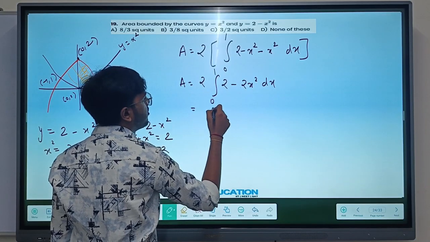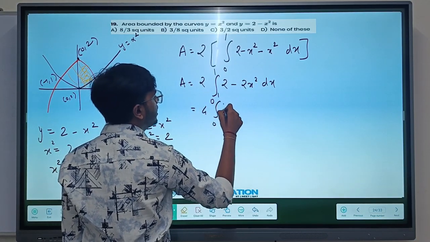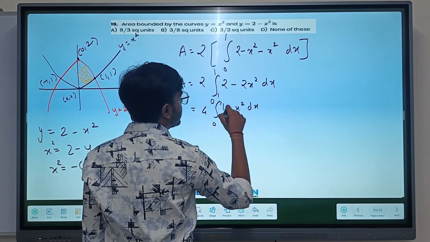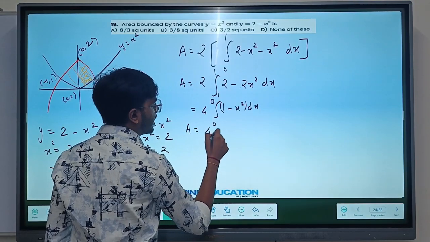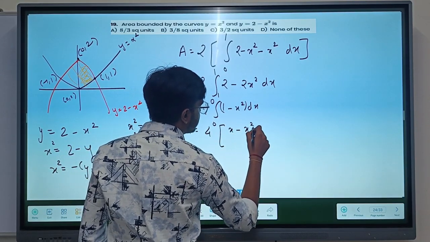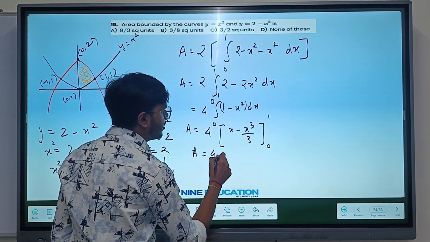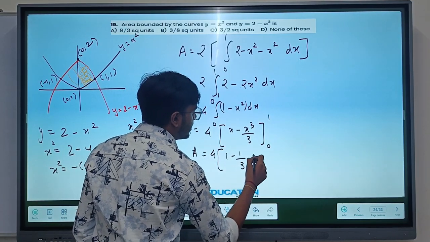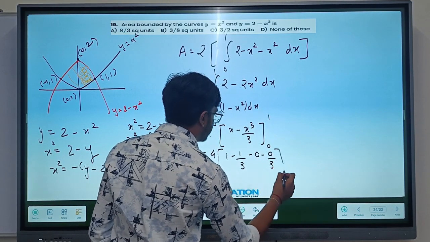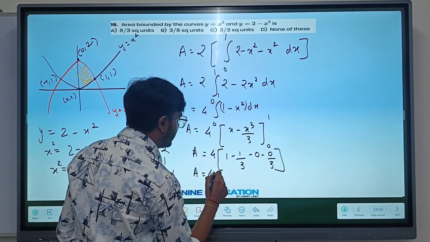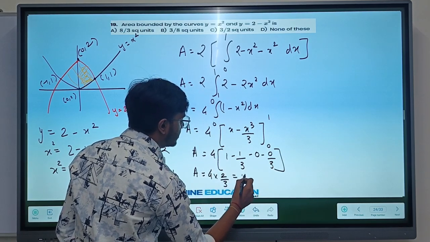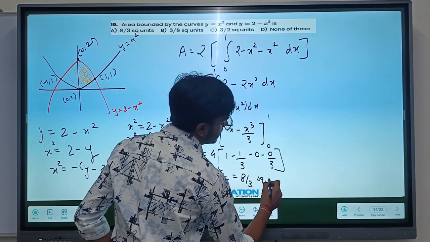Again, if I take 2 common, 4 times 0 to 1, 1 minus x square dx. So area would be 4 times, integration would be x minus x cube by 3 from 0 to 1. So area would be 4 times 1 minus 1 by 3 minus 0 minus 0 by 3. So area would be 4 times 1 minus 1 by 3, which is 2 by 3. So answer is 8 by 3 square units.